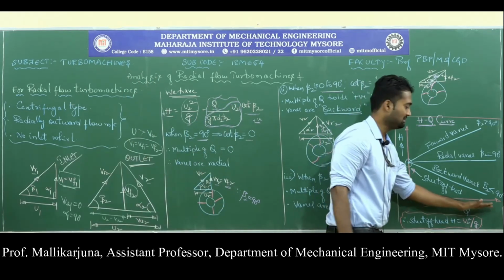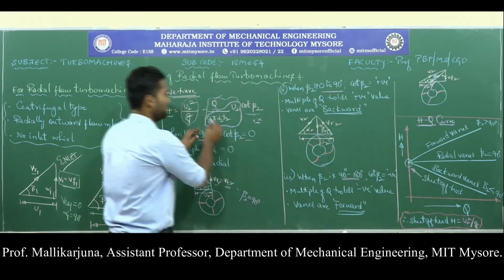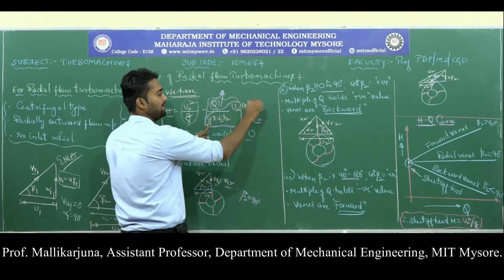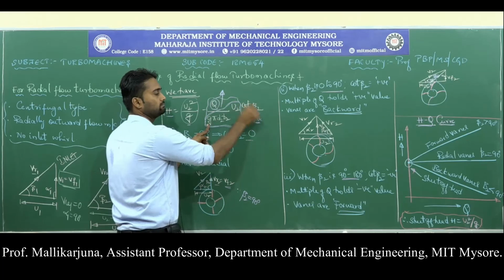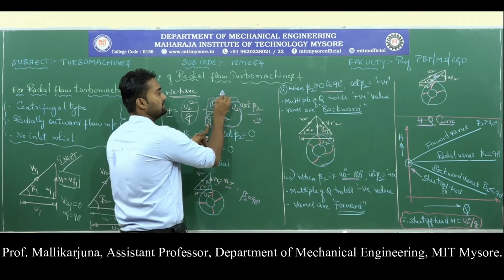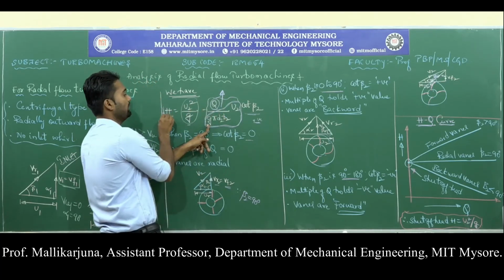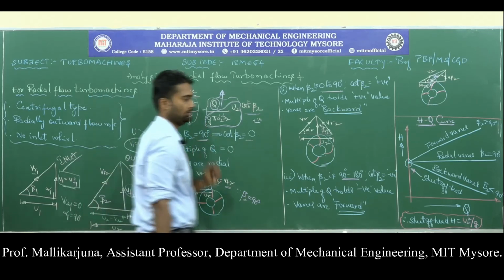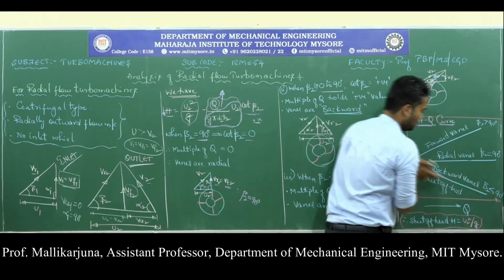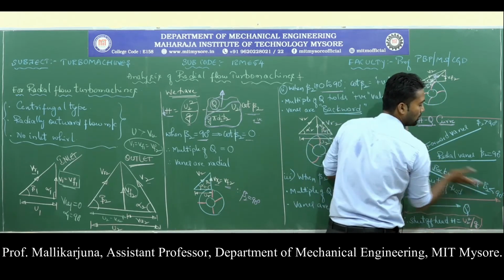If I increase the value of Q, look onto this, you need to play with this. If the value of Q is increased, then this multiple will become increased because this is having a positive value. If the value of Q is increased, then a certain fixed thing minus the increment in Q is going to decrease the H. That means if I go on increasing the value of Q, the head with which the turbo machine is operating will go down.